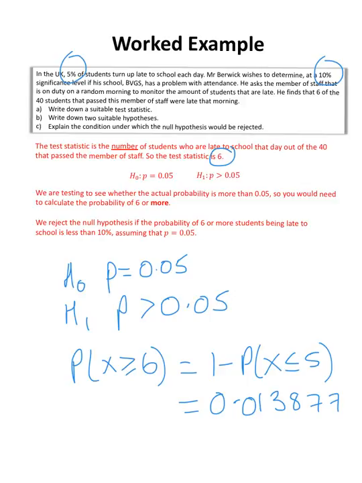So this is actually less than 10%. 0.0139 is less than 0.1, so we reject the null hypothesis.